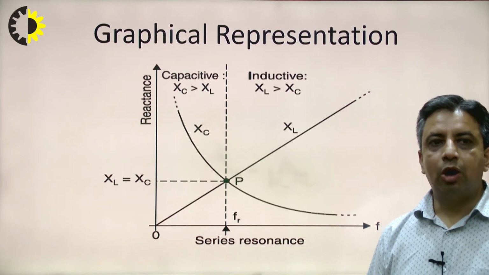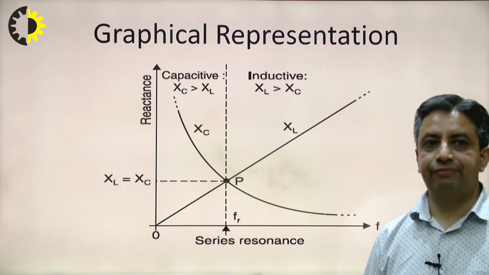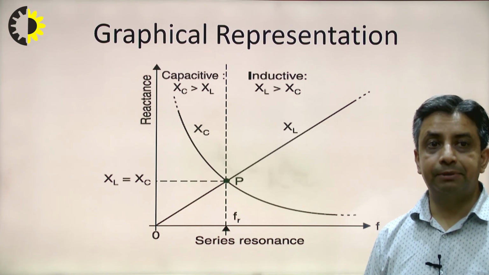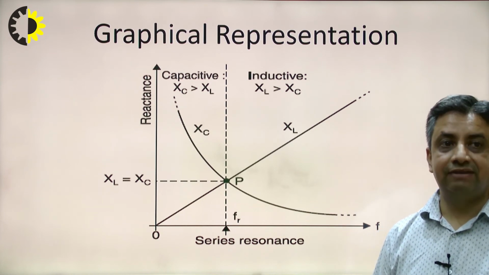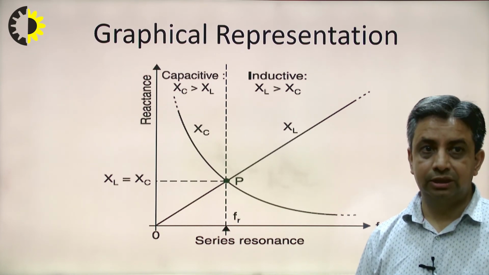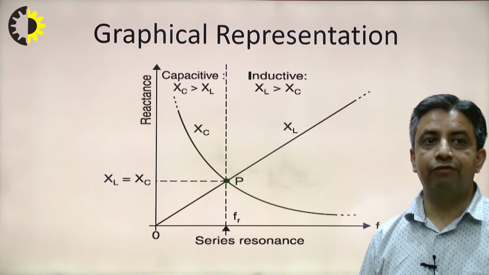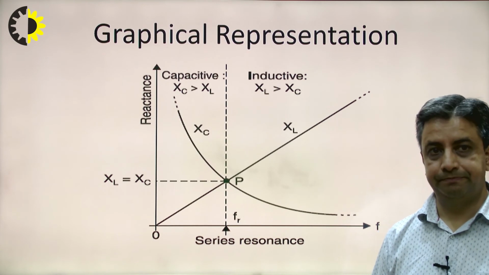At the time of resonance, the resonant frequency is equal to the supply frequency. In that case, XL will be equal to XC, so the net reactance will be 0 and the impedance will be minimum.